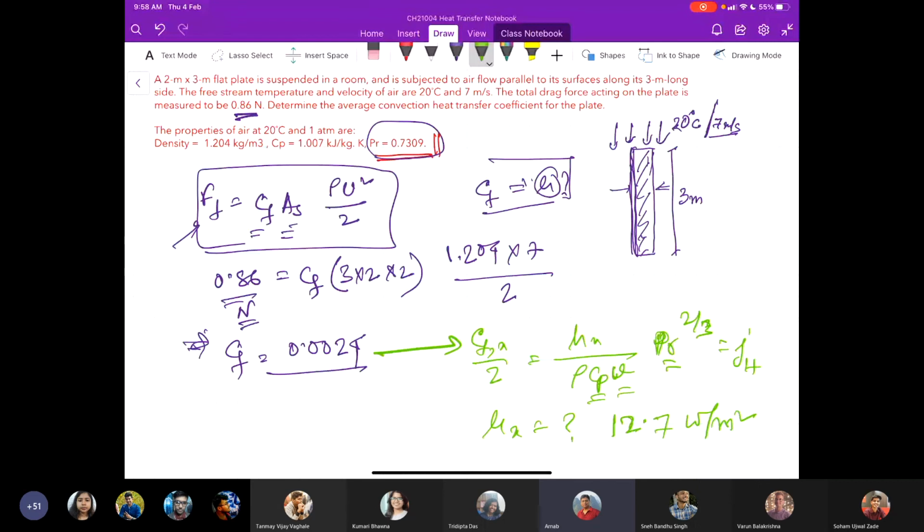What is the functional form of Nusselt number and of friction coefficient? In the last 2 classes we learned the Reynolds analogy and the modified Reynolds analogy.